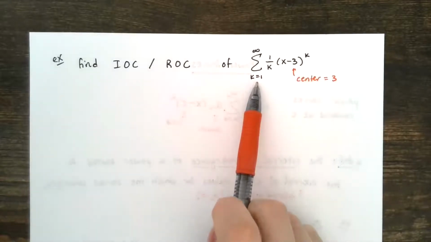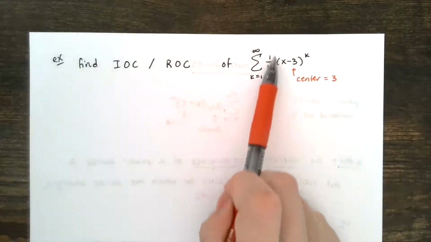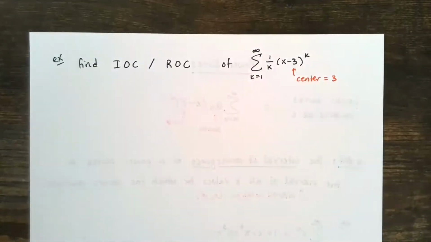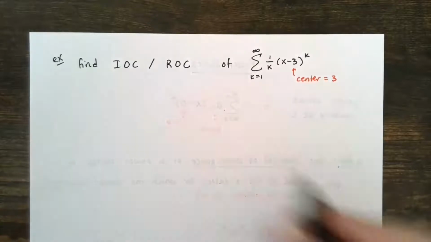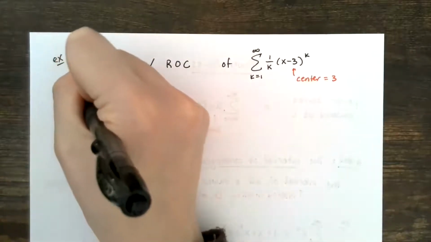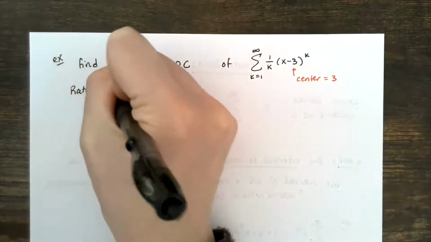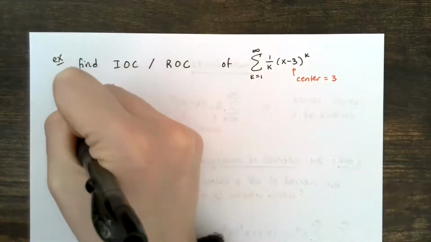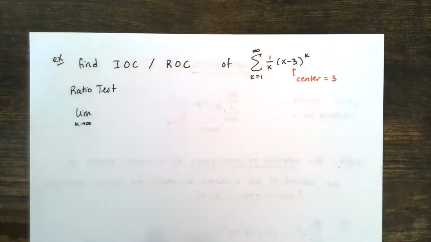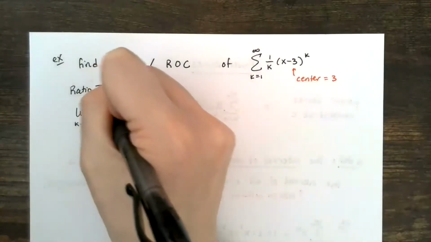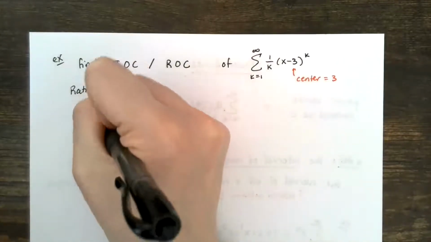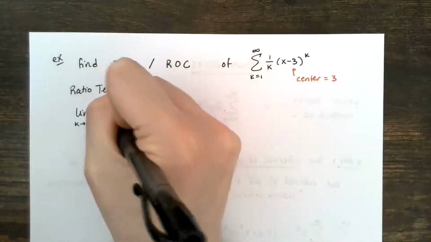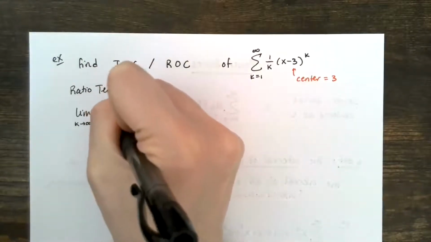Really this one's starting at 1 because you can't plug 0 into this formula. Okay, so we are going to follow the strategy that we just listed, which is jump straight into the ratio test with the absolute values in it. So we'll have k go to infinity because k is my letter, and I want the absolute value of a sub k plus 1 over a sub k.